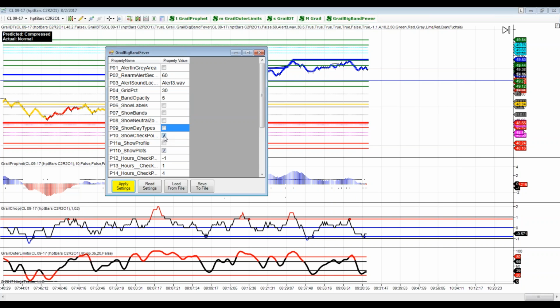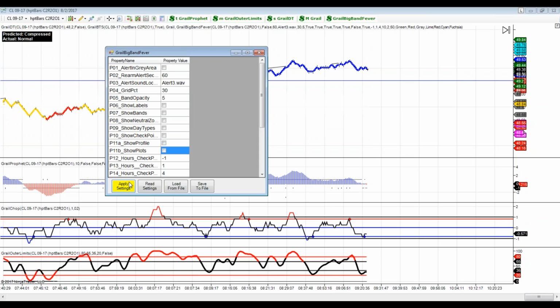If I don't want to see those percent signs telling me what percentage of a normal predicted move we are running at any given moment, I can click that off. And of course I showed you already the smart market profile. If you don't want to see that, you click it off. And lastly, if you don't want to see these lines on show plots, you can click that off. And now we have nothing here. Absolutely nothing. And that's there if you've got other indicators like the DT or whatever.